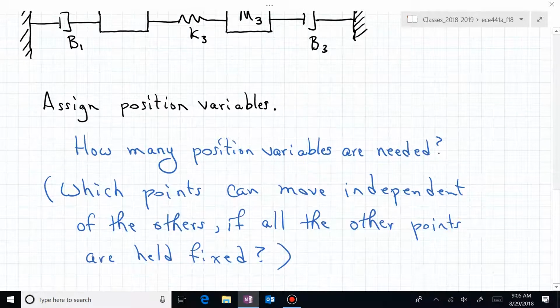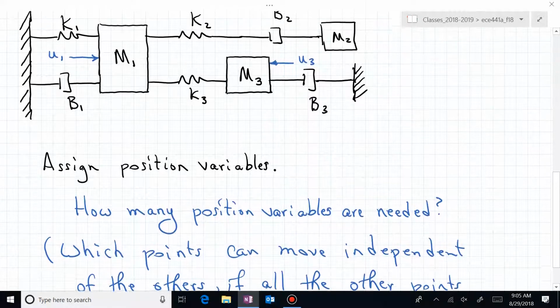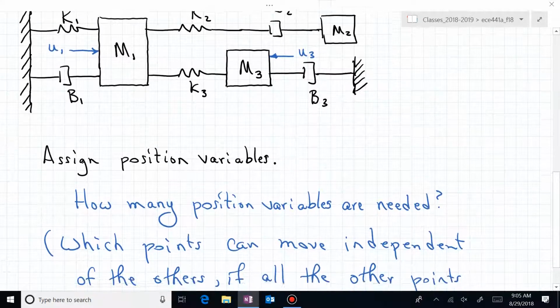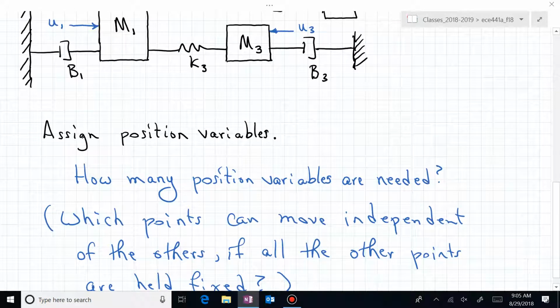That's the question you can start asking yourself when you want to determine how many position variables are needed in modeling this three-mass system.